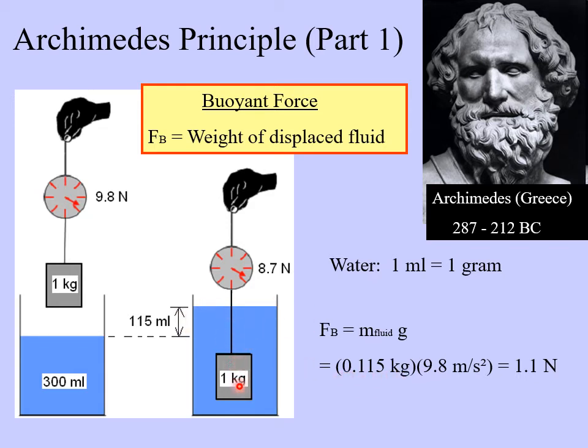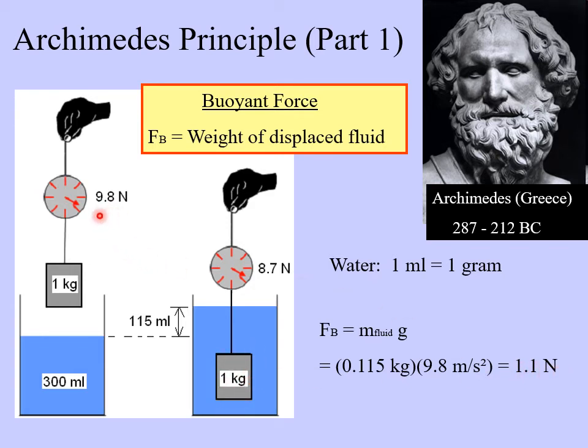When I dumped this 1 kilogram weight in there, it pushed the water up by a total of 115 milliliters, and the mass of that is 0.115 kilograms. When you multiply that by g, which is 9.8, you come up with a buoyant force of 1.1 newtons. So that means the water is pushing up on this object by 1.1 newtons.